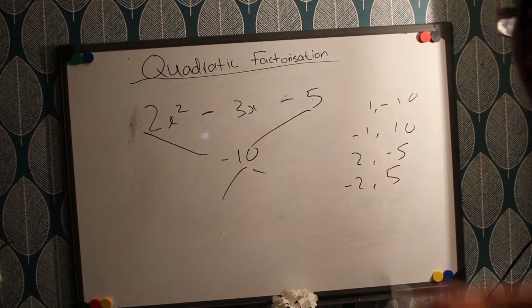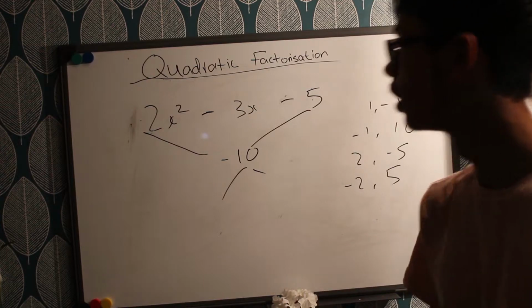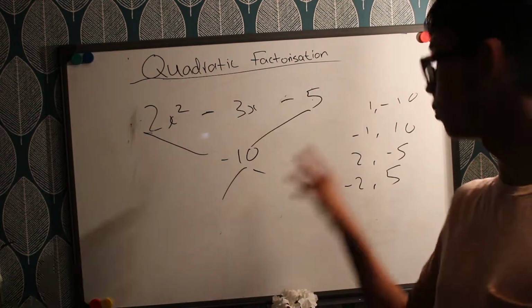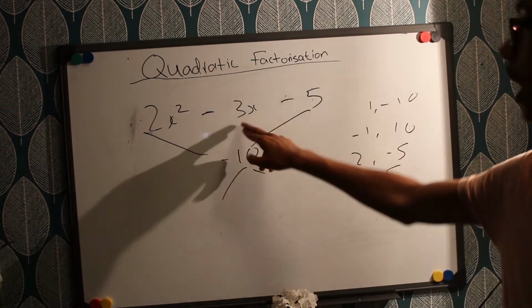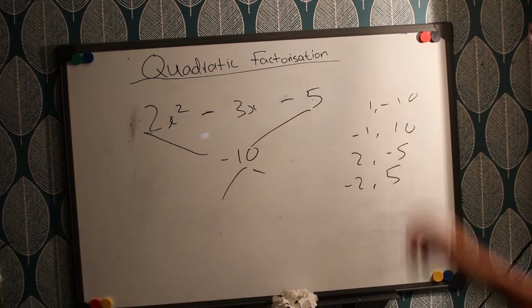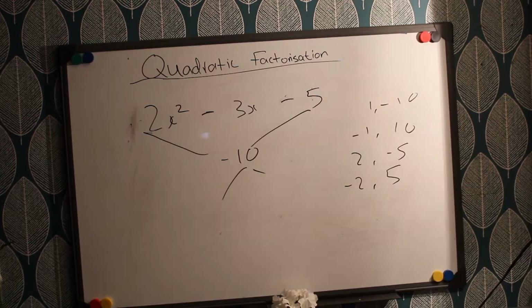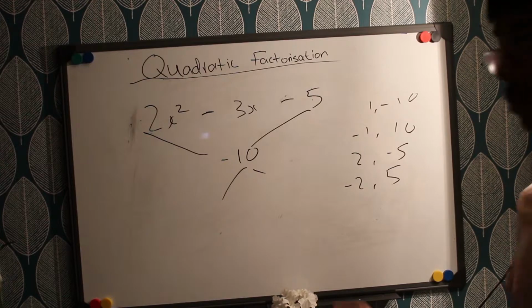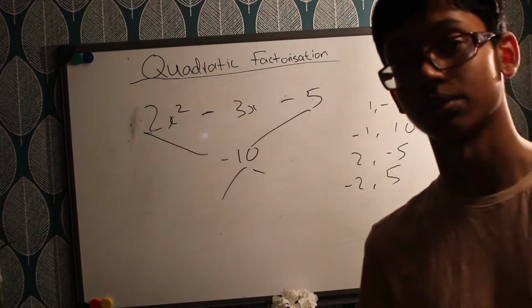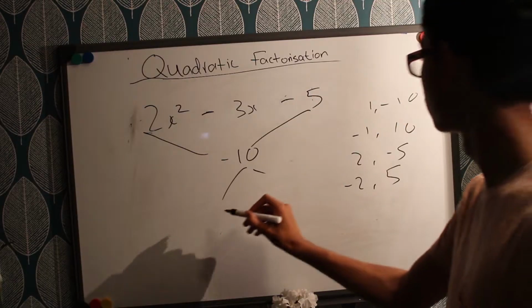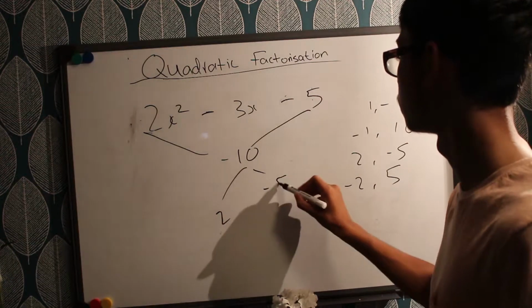Now we look through the list to find which factors multiply to get minus 10, which obviously all of them do, but add to get minus 3. So 1 and minus 10, that's minus 9. Minus 1 and 10, that's positive 9. 2 and minus 5, that's minus 3. Bingo, we got our factors: 2 and minus 5.